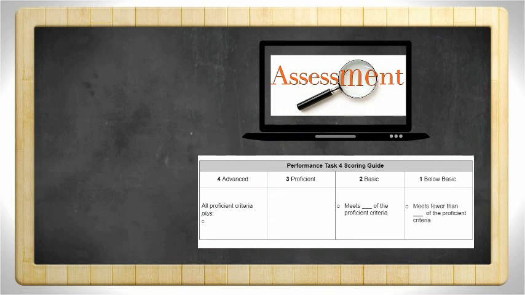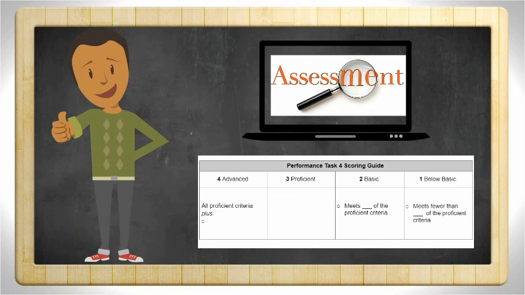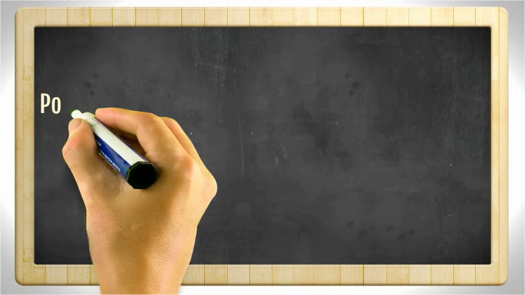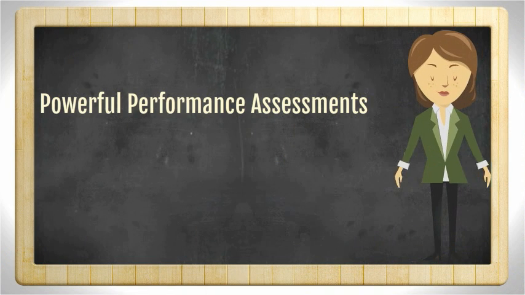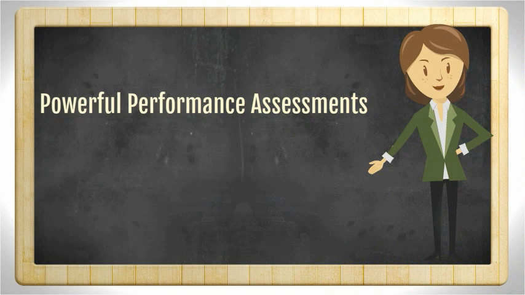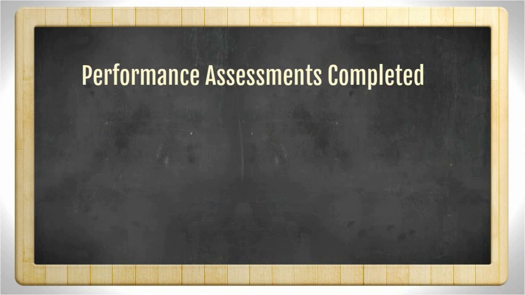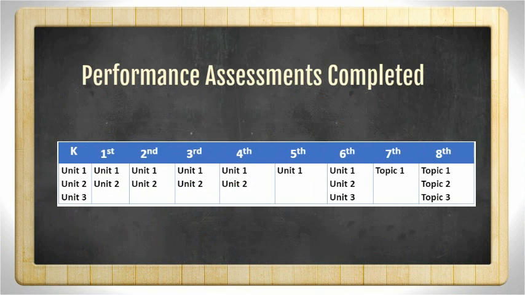It gives explicit criteria for producing a quality product or performance, giving students the opportunity to continually self-assess and reflect upon what they are learning. This detailed work has produced powerful performance assessments for teachers to use. In order to create one performance assessment per unit, teams will continue to meet 3 more times throughout the year. Below is a list of the performance assessments that have been completed so far.